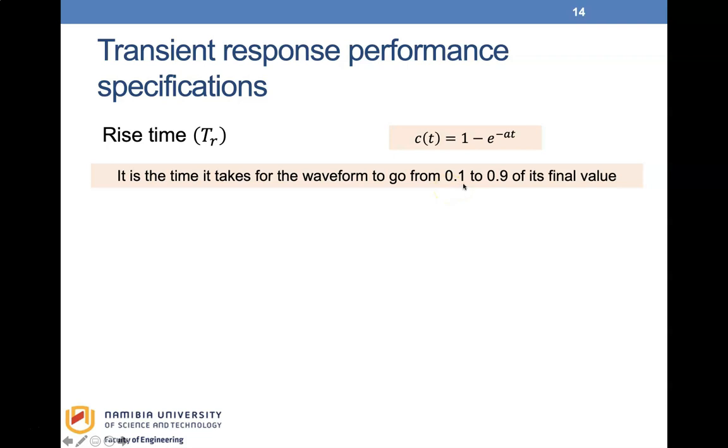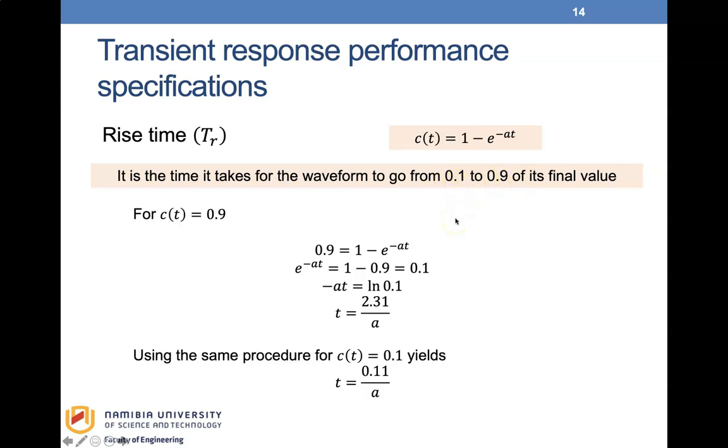Some companies may decide that the rise time should be measured from 0.2 to 0.9. But in this course, we'll be using 0.1 to 0.9 because this is commonly used. In this case, we'll find c(t) at 0.9 and c(t) at 0.1, and then we subtract the two to find what our rise time will be.